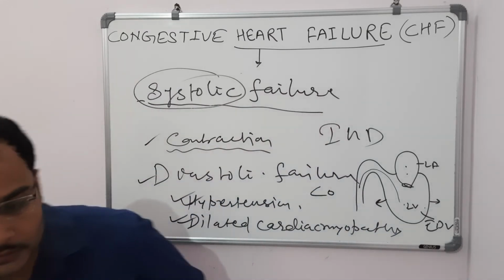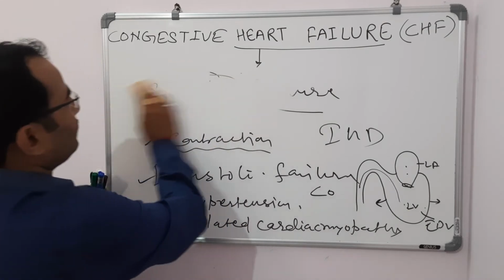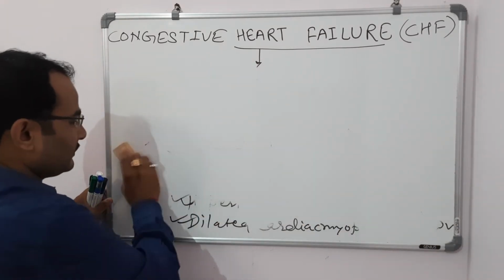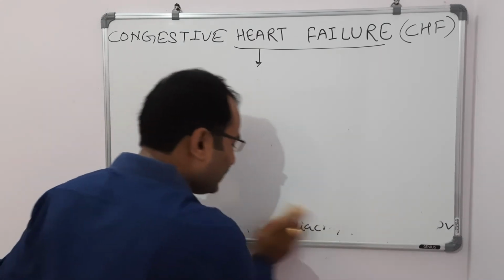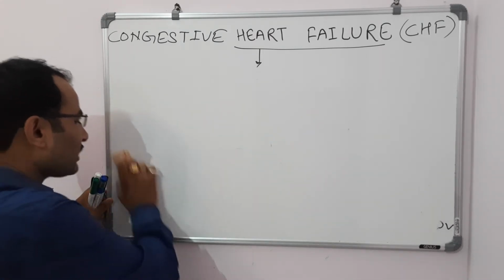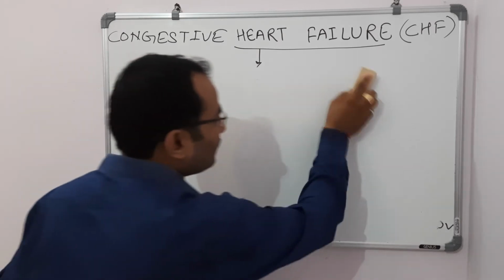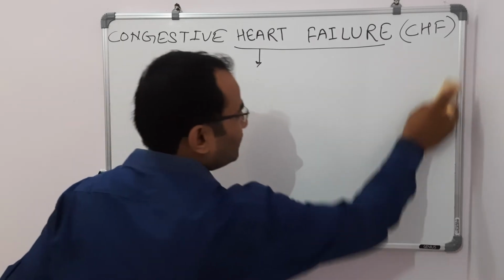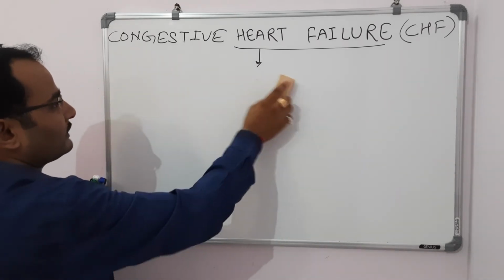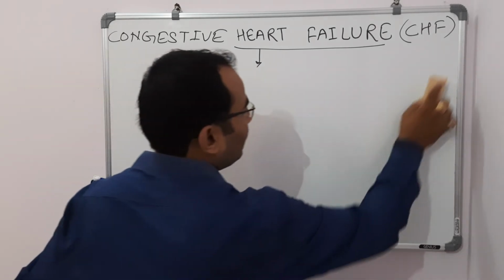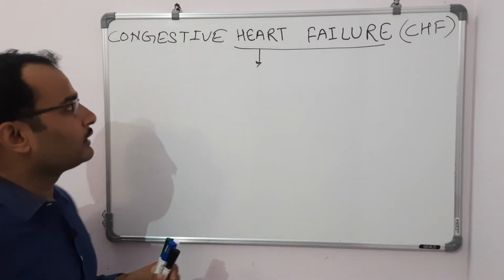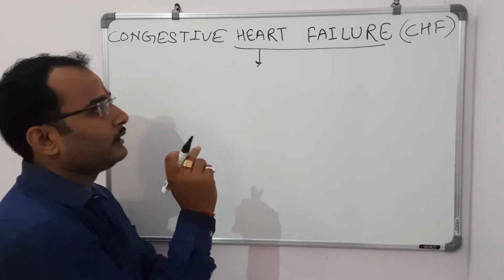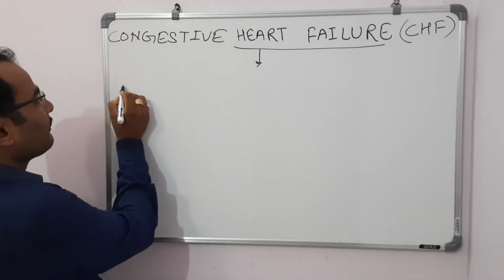Now we will talk about the compensatory mechanism, because the body itself has some regulatory mechanism for everything, and these regulatory mechanisms somehow stop, or you can say control, the problem that occurs during congestive heart failure. Like now we are talking about compensatory.